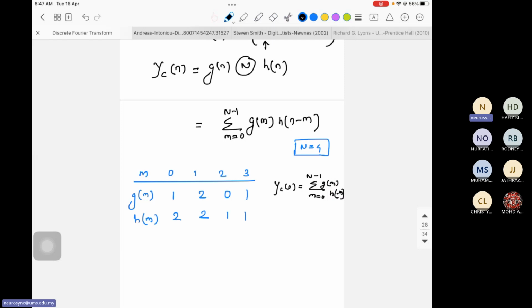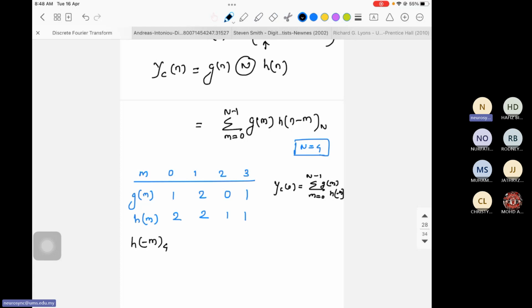If I put n equal to 0 here, for the first value of yc, this is summation over g of m into h of minus m. So first thing is we need to find out h of minus m here. Okay, so h of minus m is what? This is h of minus m over modulo 4. We have n equal to 4, therefore I have written here 4.